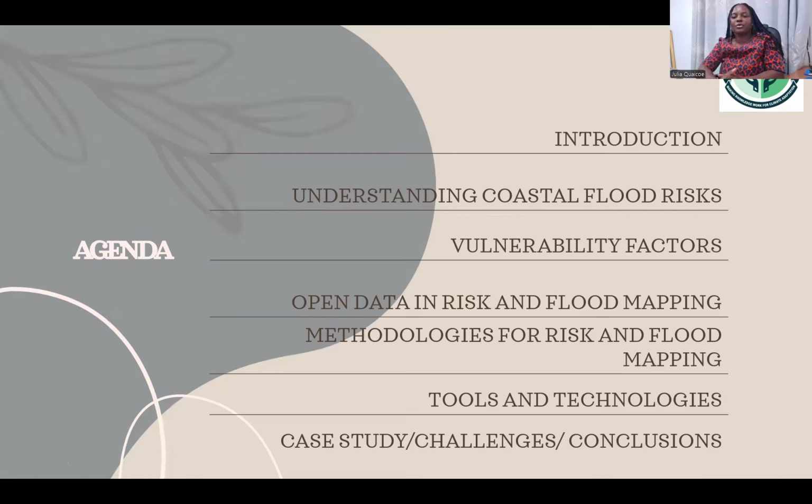So for this course, we're going to look at coastal floods, and we would also try and understand the vulnerability factors, the relevance of open data in risk or flood mapping, some of the methodologies that are used in risk and flood mapping, as well as some of the tools and technologies.